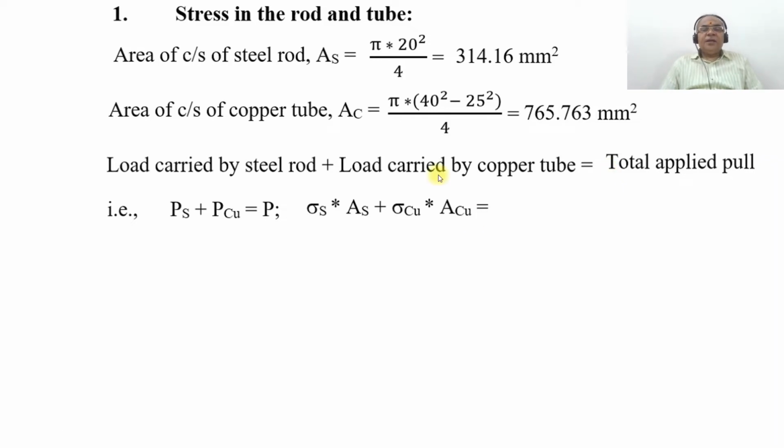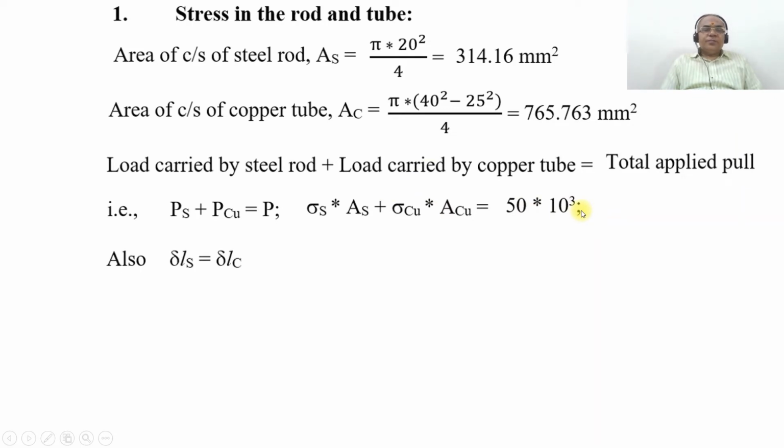In that case, sigma S into AS plus sigma Cu into ACu will be equal to the total load, which is 50 into 10 to the power of 3, because 50 kilonewton has been converted into Newton.